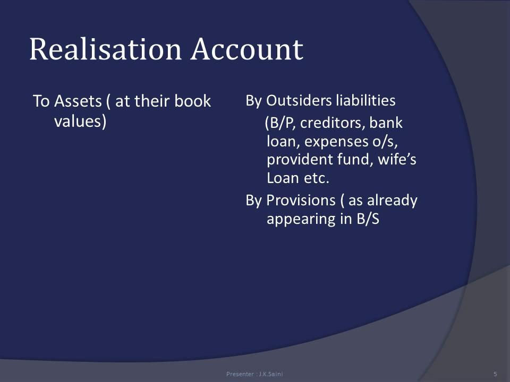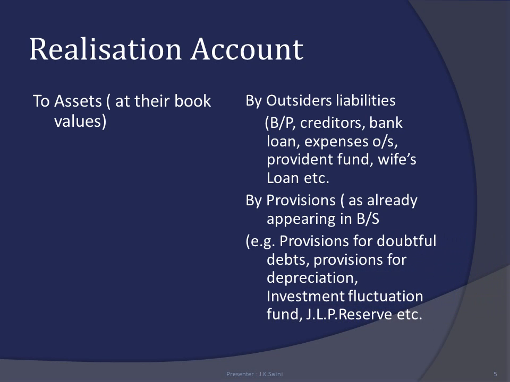These may appear either on the liability side or may also be there on the asset side, like provision for doubtful debts. These are closed by debiting provisions and crediting realization account. These are provisions: provision for doubtful debts, provision for depreciation, investment fluctuation fund, and joint life policy.